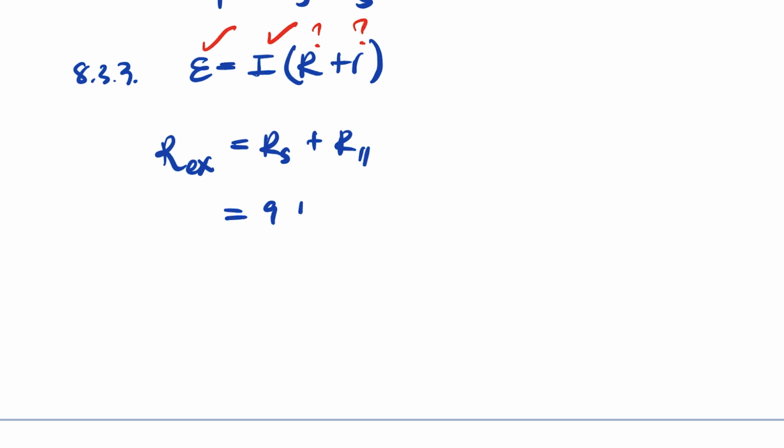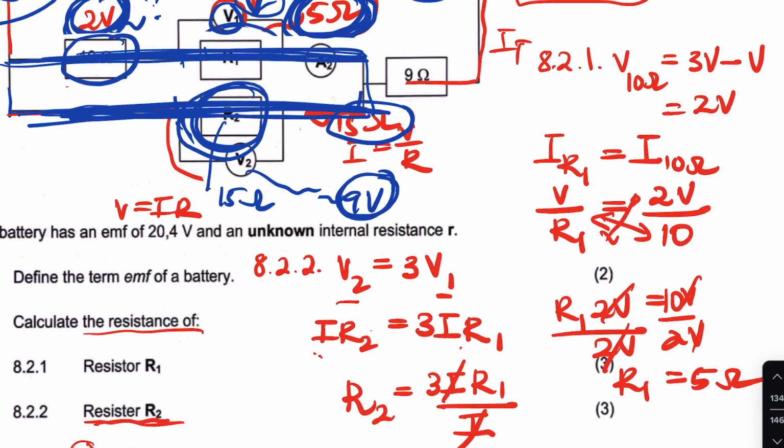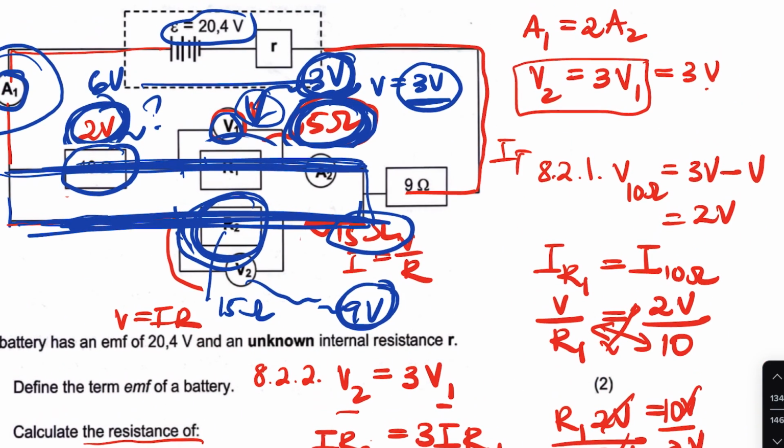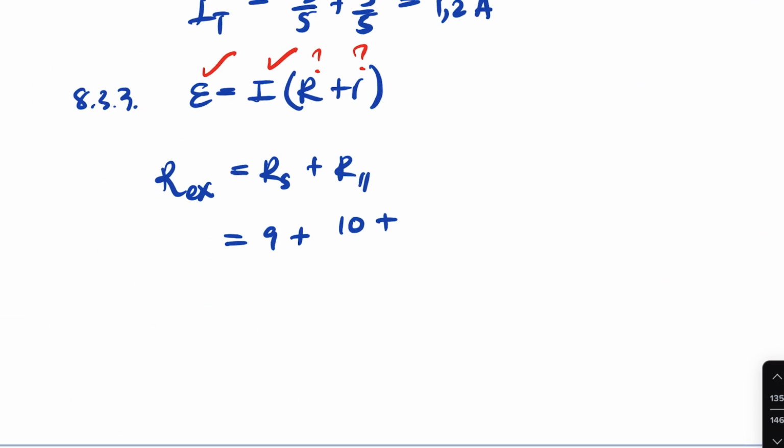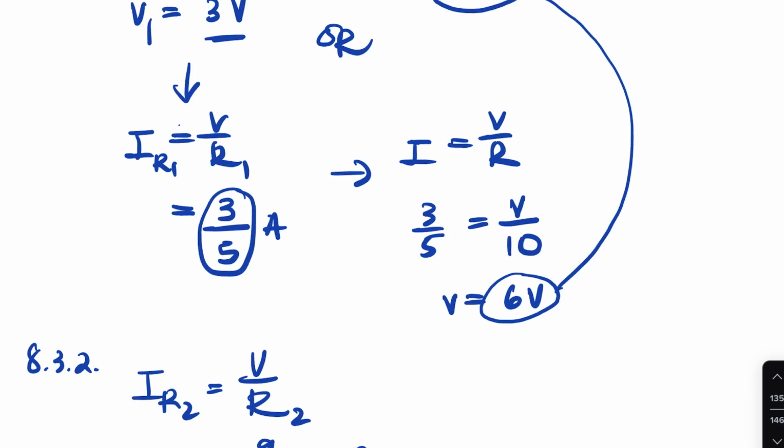So the R series is 9 and the R parallel is the one that is on top, which is 10 plus 5, which is the resistance here, it's 5. 10 plus 5 times 15, which is this one.